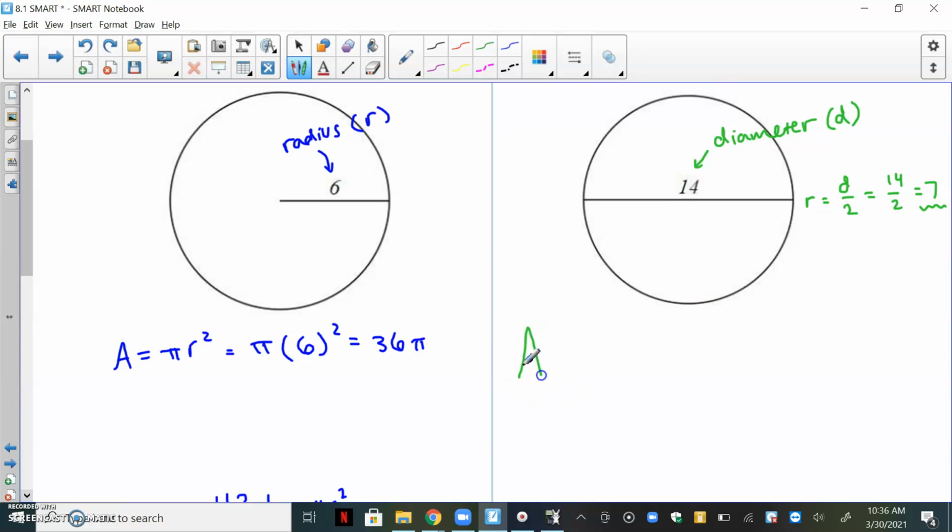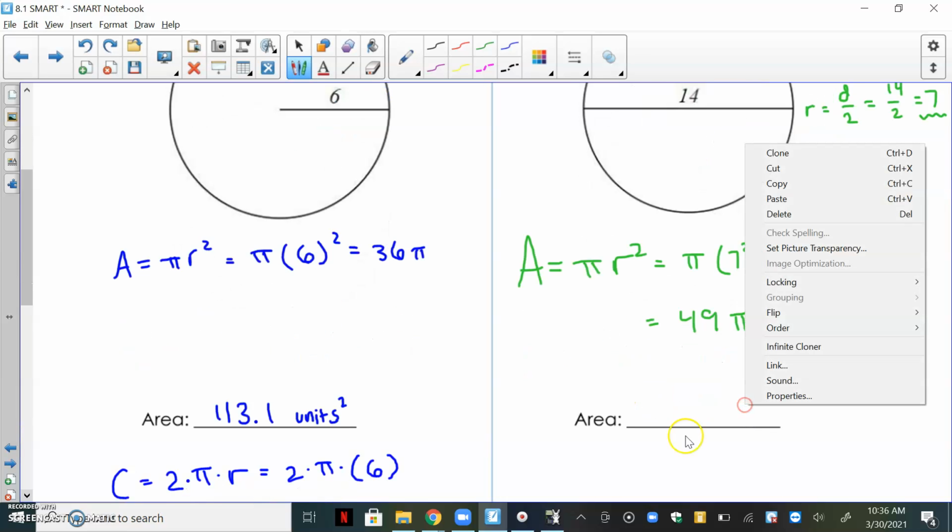To find the area, we'll do pi times 7 squared. Let me write the whole formula first. Pi times 7 squared gives us 49 times pi.